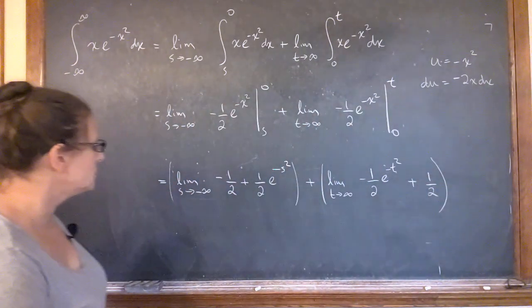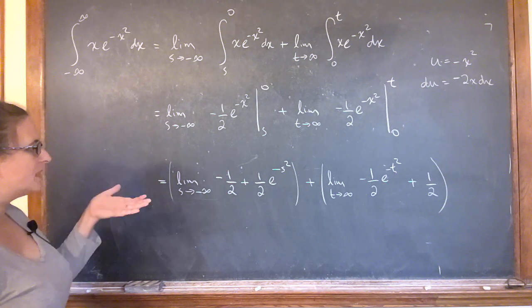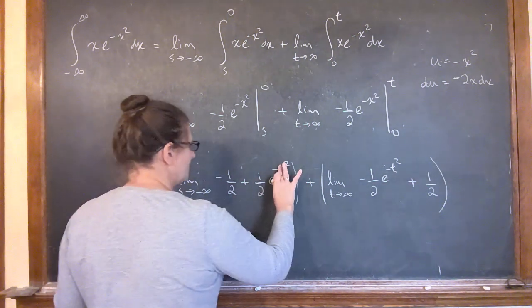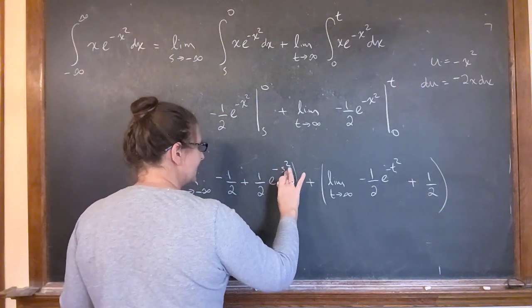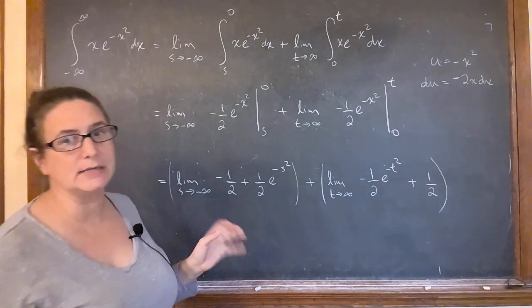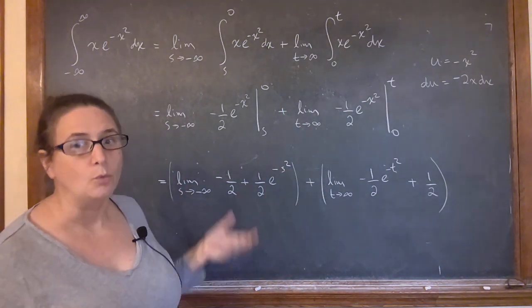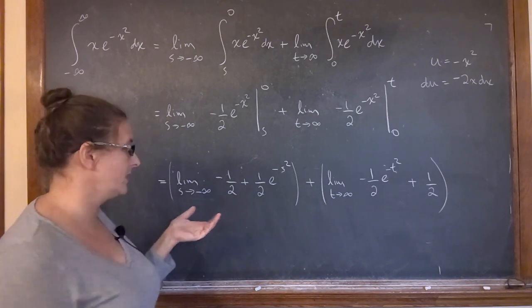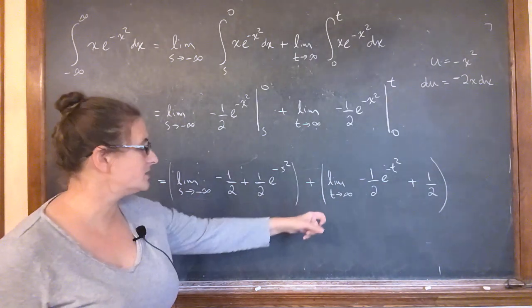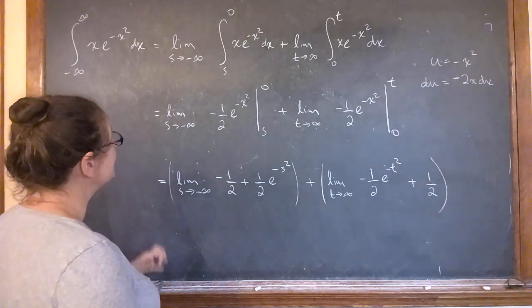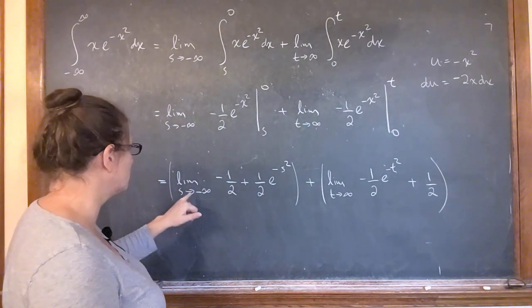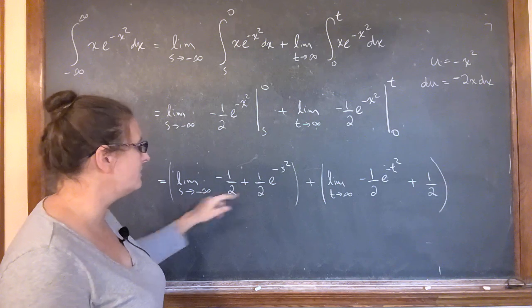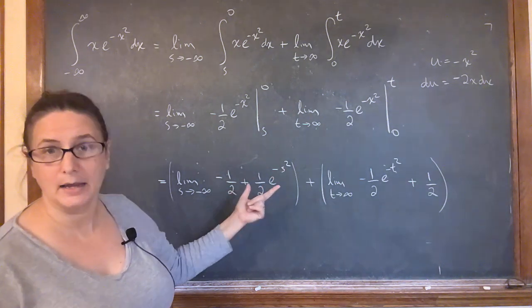Okay, so what's going to happen here? The important thing is that there's a minus here and it's s squared. If it wasn't s squared, if it was s, we would have a different answer, because it would matter whether you were going to negative infinity or positive infinity. It happens in this case that it's x squared, so whether s is negative or positive, the squared is going to kill that anyway.